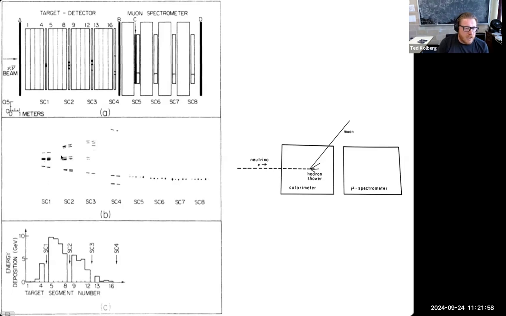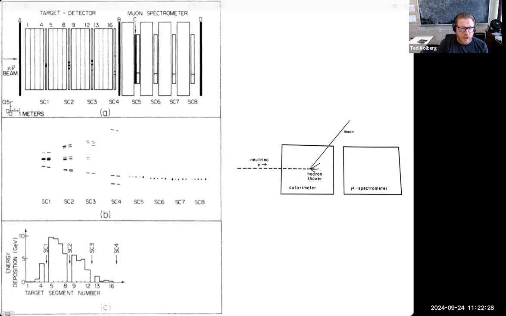Using the spark chambers, you can actually image particle trajectories coming through this mass of absorber and look for both the leptonic events where you would just see one track going through, and contrast that with hadronic events where you see a kind of shower due to the hadrons that are produced in the deep inelastic scatter.